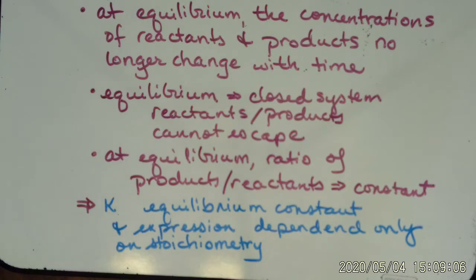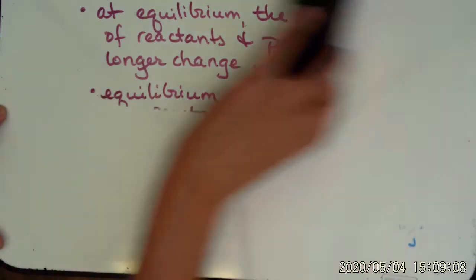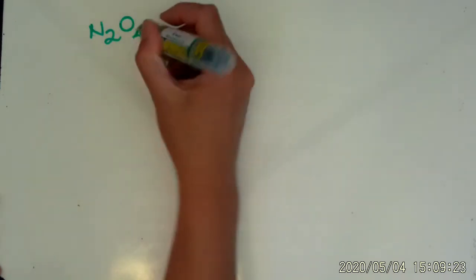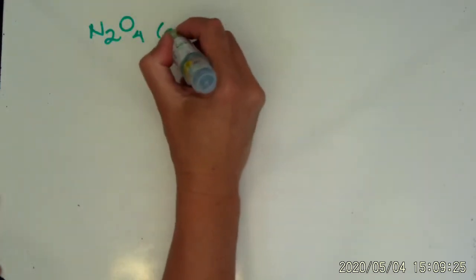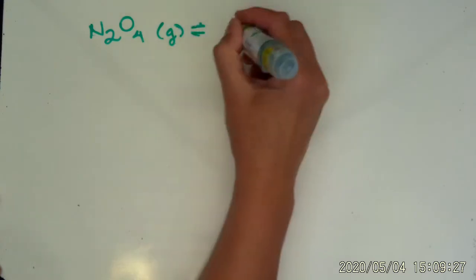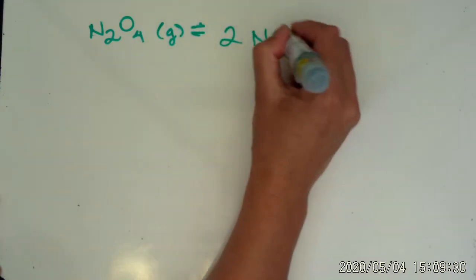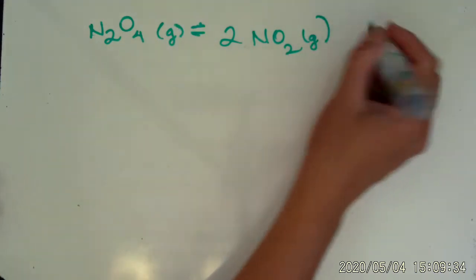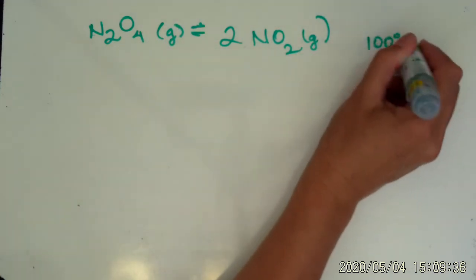So let's talk about evaluating my equilibrium constant. Suppose we have a reaction. I think you've seen this one. Dinitrogen tetroxide gives me 2 nitrogen dioxides. Suppose we keep this at 100 degrees Celsius.